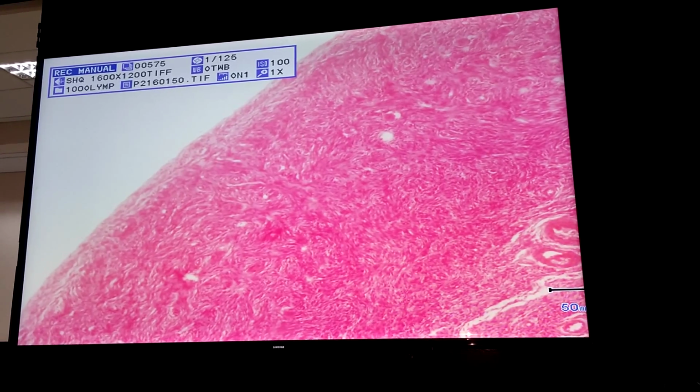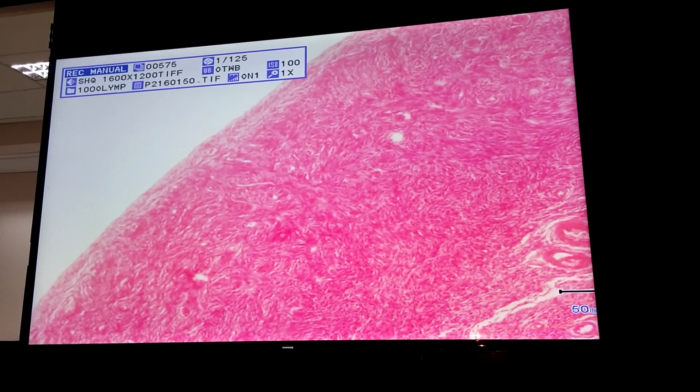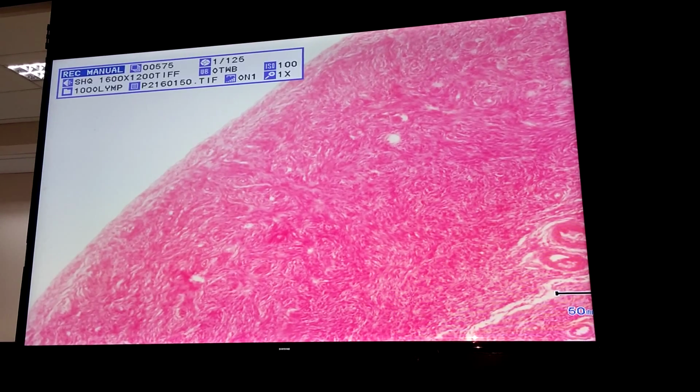of the ovary. And then, in the cortex, we will be able to see several stages of development of the egg cell.